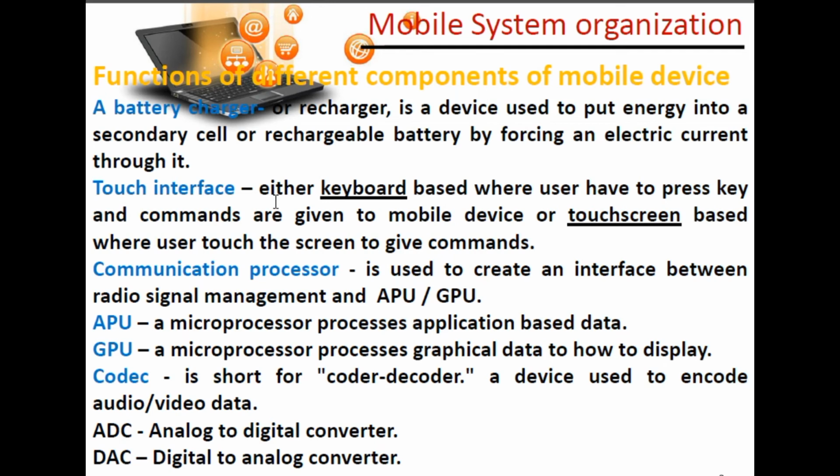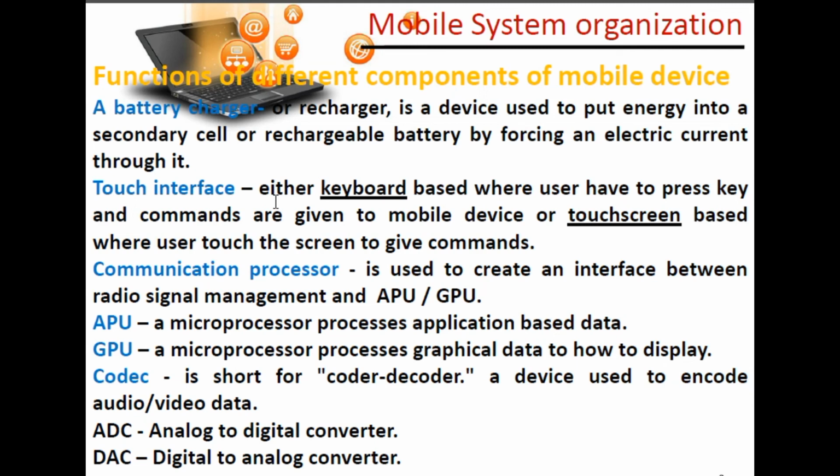Now codec is short for coder and decoder. It is a device used to encode audio or video data. It converts audio and video data into digital form, or into a form of listening and a visual content. ADC and DAC: ADC is analog to digital converter, and DAC is digital to analog converter.